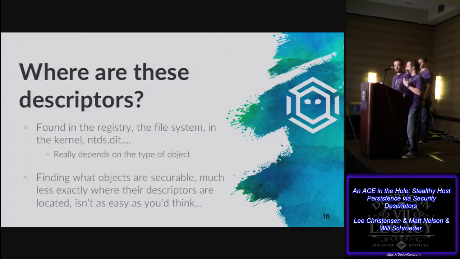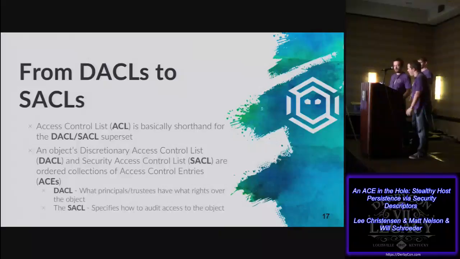So it just really depends on the type of object you're analyzing, and finding what objects are securable and where those security descriptors come from isn't exactly an easy task. It depends on the object once again, but it's not exactly trivial to determine where that security descriptor comes from.